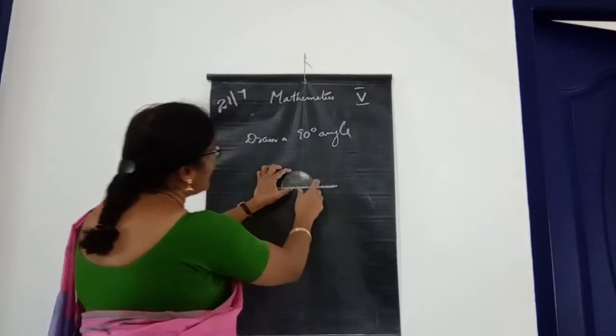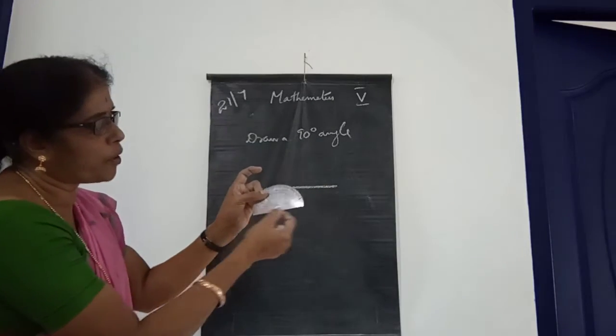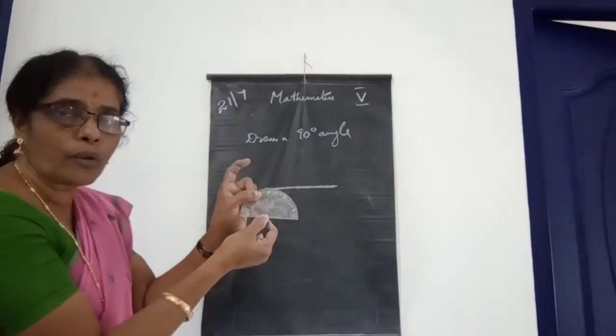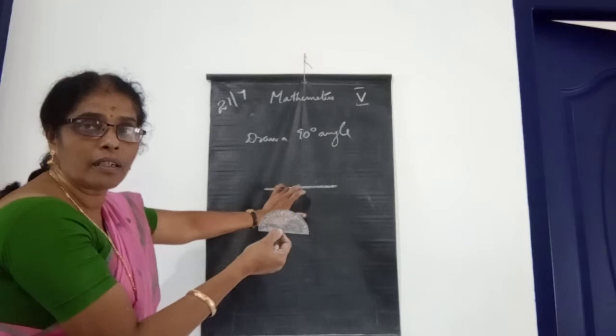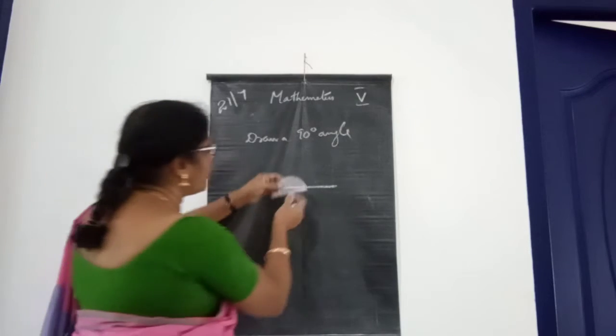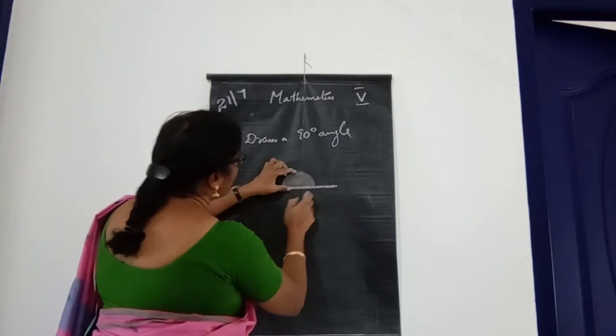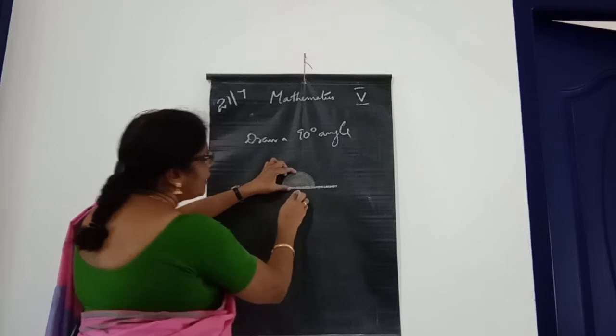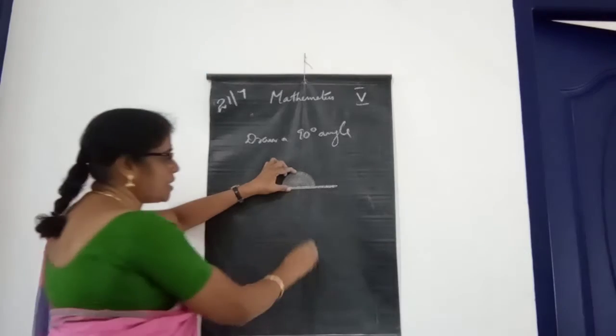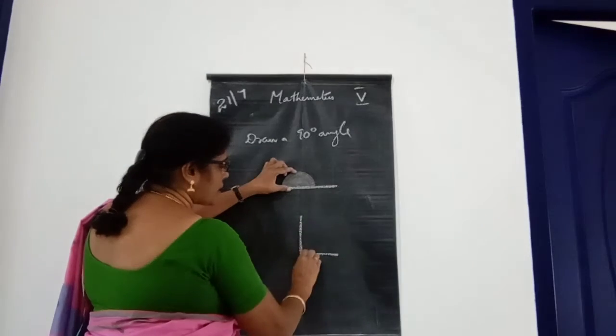Point out that line on the protractor. You have to put it on the line which you drew. In between you can see that vertex, which means the joining point of two lines.